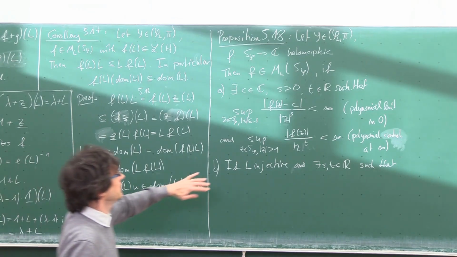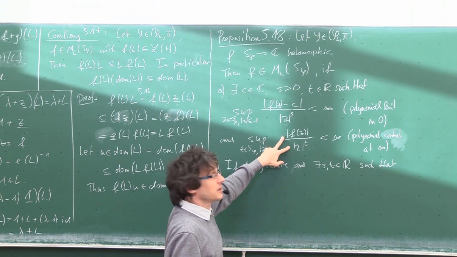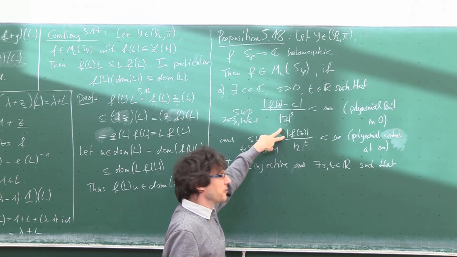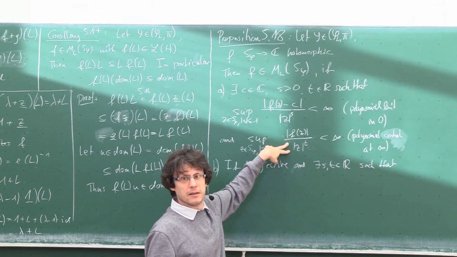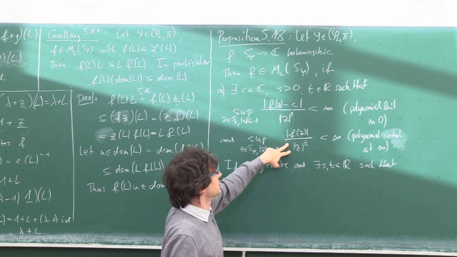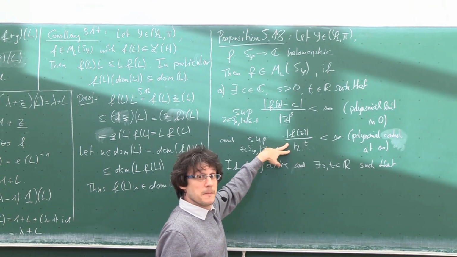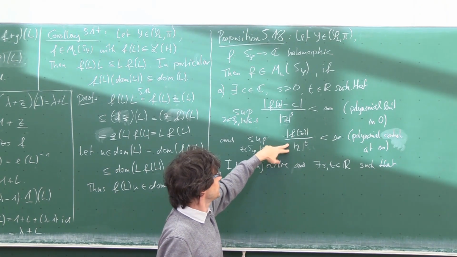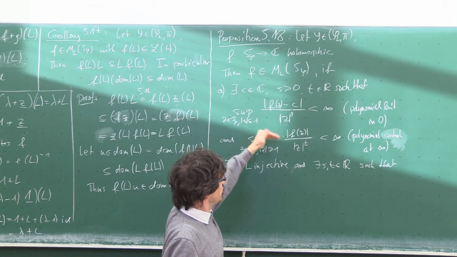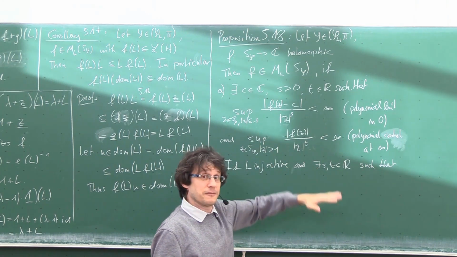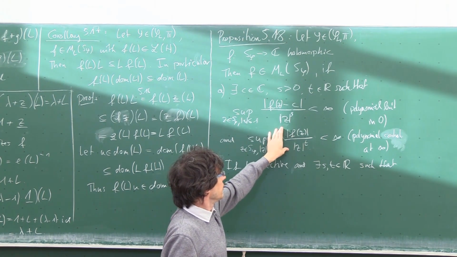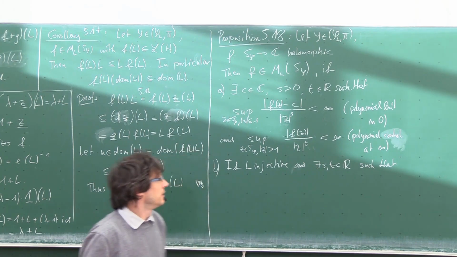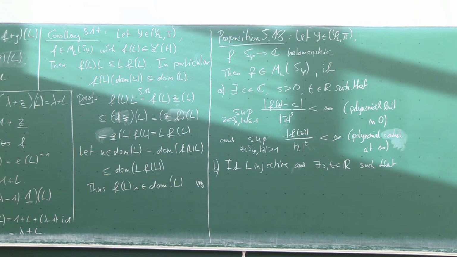It can grow at infinity, but somehow it must be possible to compensate this growth of f by some power of z. So this is polynomial control at infinity. What is forbidden is exponential growth or something like that. But as soon as you can somehow, by some polynomial, get the function down to 0, or bounded, then this is in.